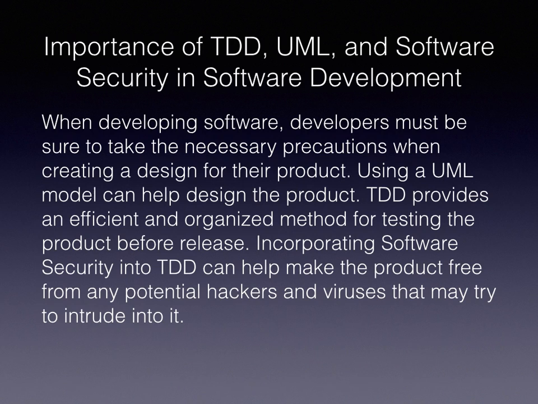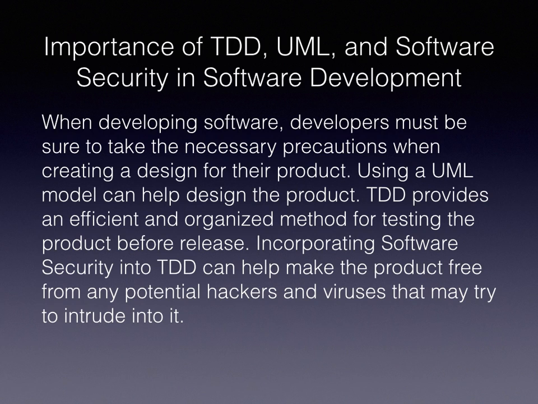So what we're going to talk about next is the importance of test-driven development, UML, and software security in software development. We're bundling them all together and wrapping them up in why they are essential to developing software. When developing software, developers must take the necessary precautions when creating a design for their product. Using a UML model can help design the product.